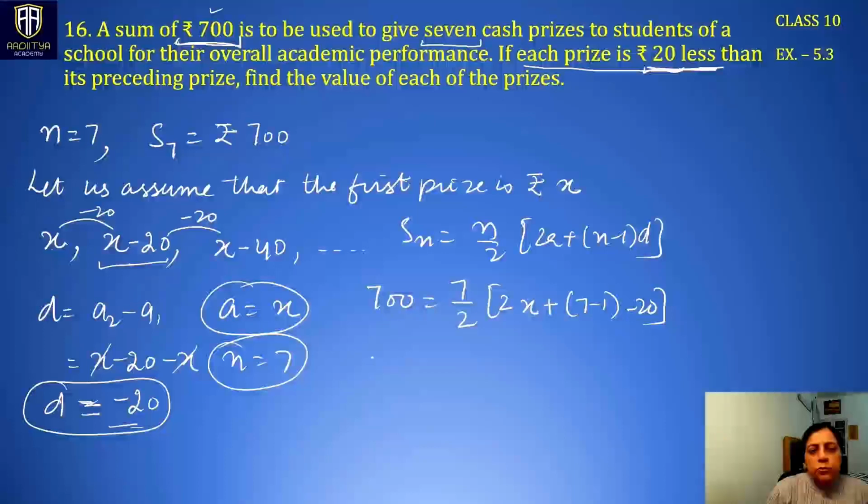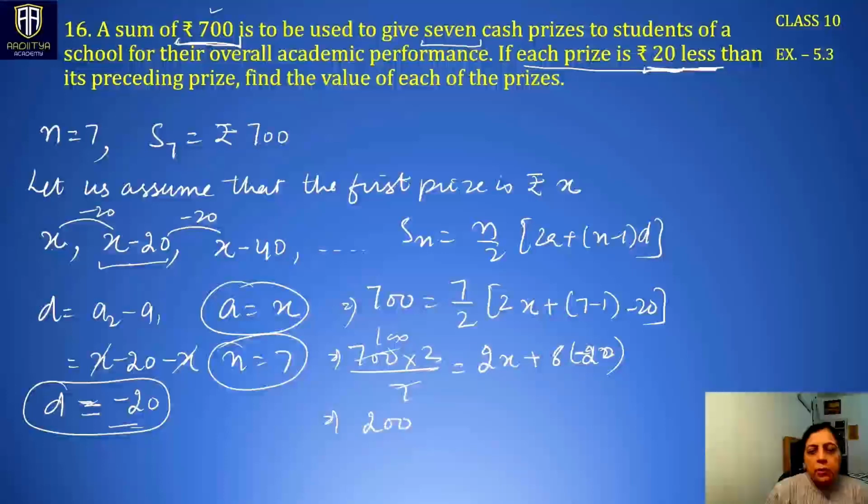You can take this 2 over here. 2 goes in multiplication, 7 goes in division. So we have 2x plus 6 times minus 20. So this is 100.